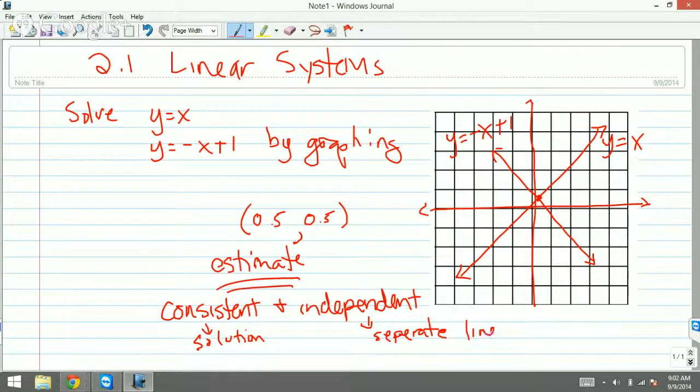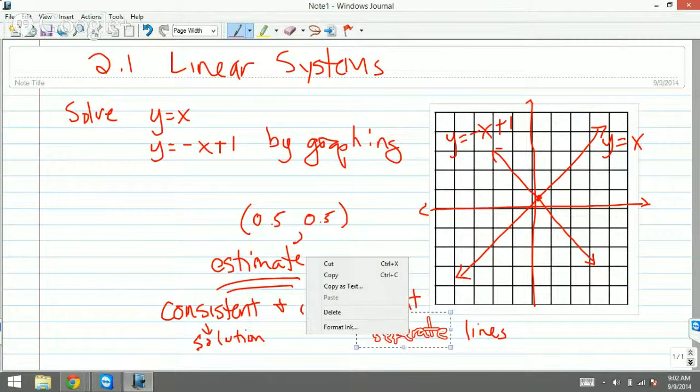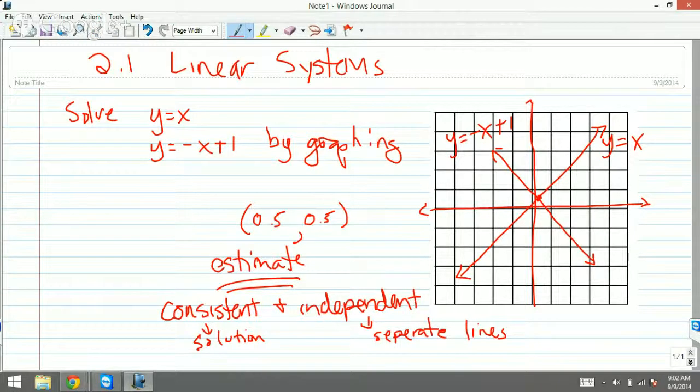Did I spell that right? Separate? No. But so, consistent, independent. How do you spell separate? It's ER? What's the line for? Yeah.